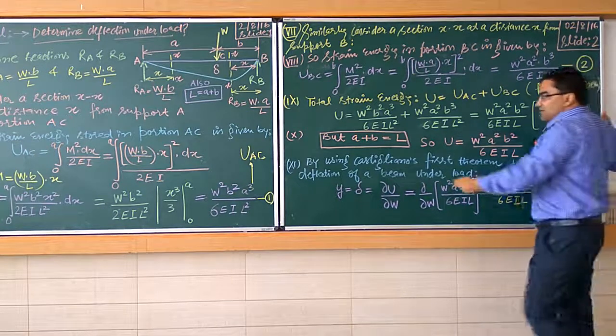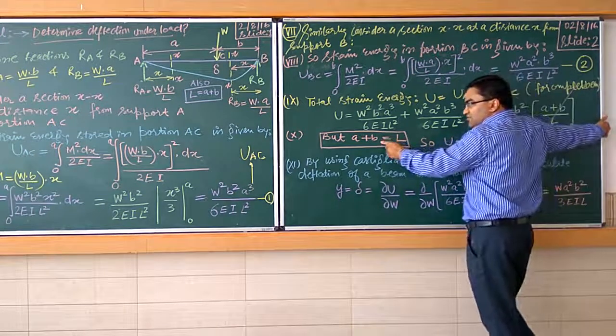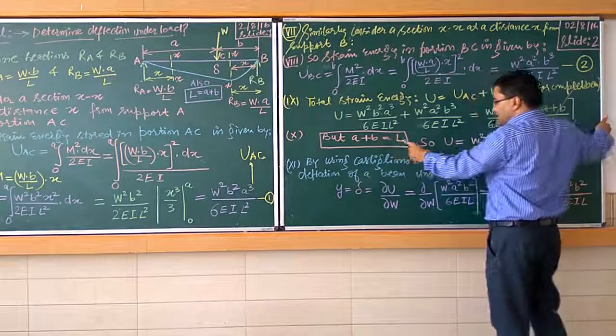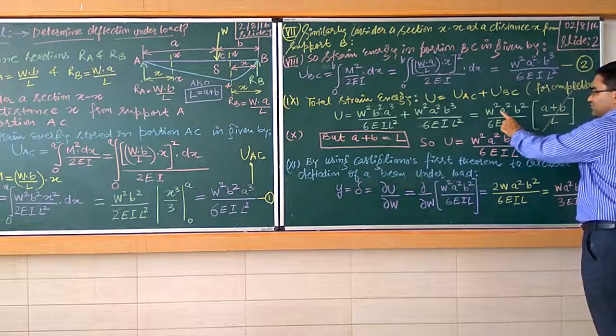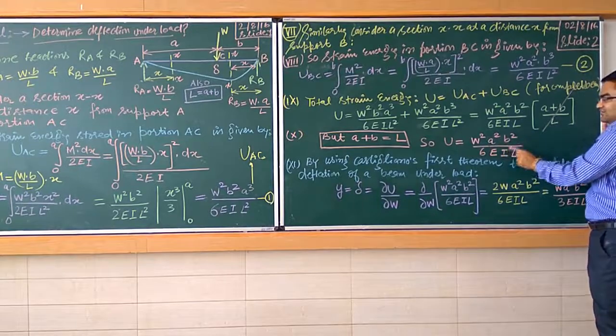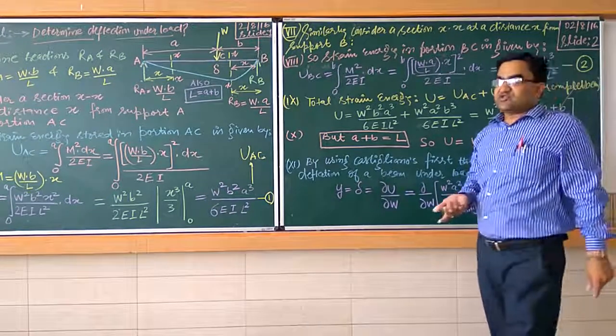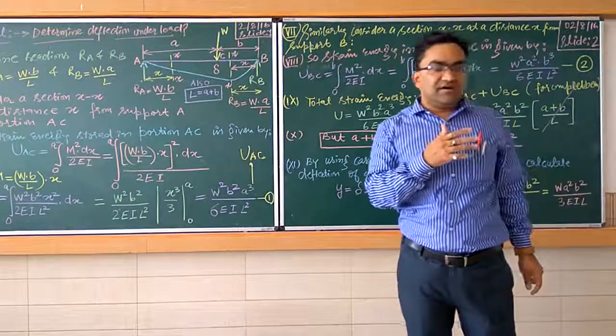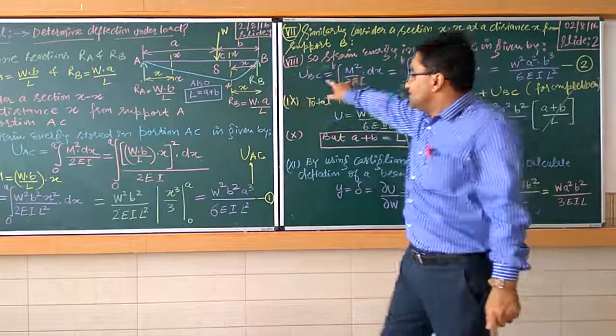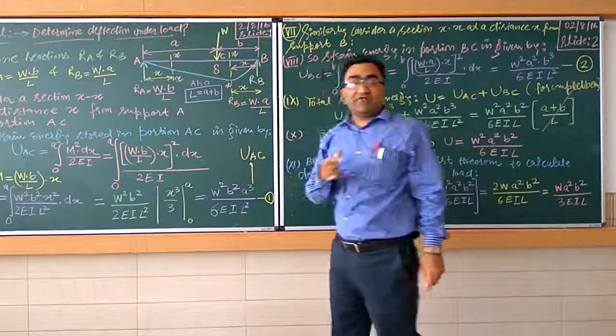I have mentioned this point over here also: a plus b equals capital L. So U will be equal to W square a square b square upon 6EIL. So we have been successful in obtaining the strain energy for the complete beam. Now we have to calculate the deflection.